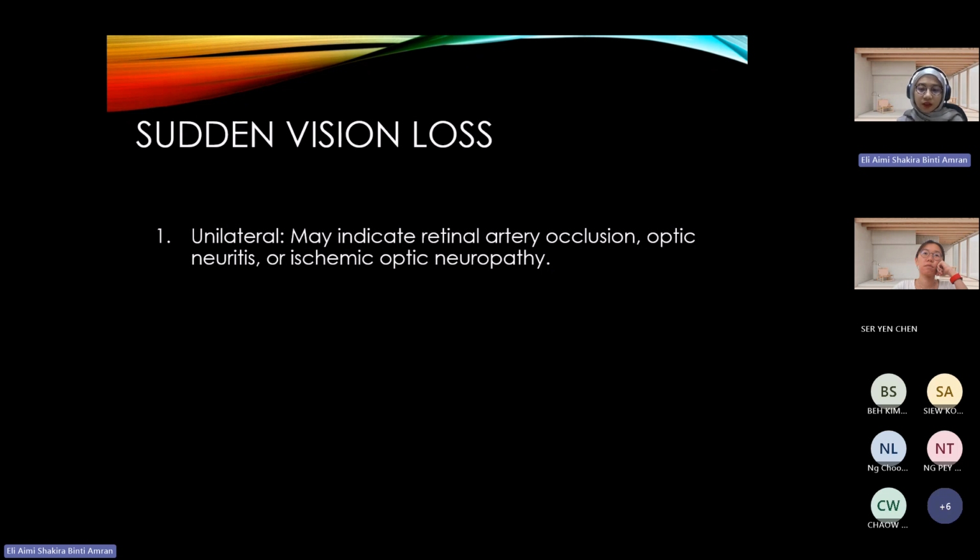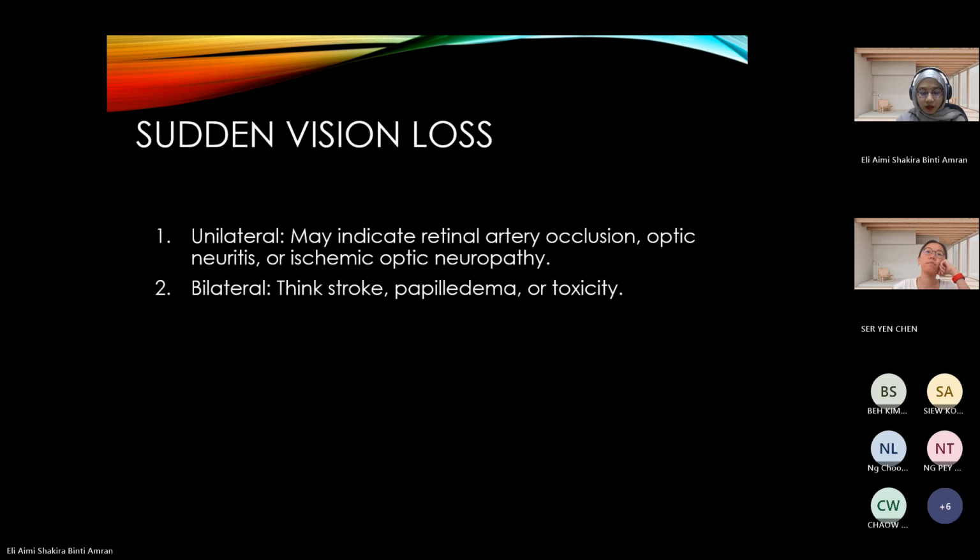This will be your differential diagnosis once patients come to your practice: retinal artery occlusion, optic neuritis, or ischemic optic neuropathy. These three. If it's bilateral, you have to suspect stroke, papilloedema, or toxicity.